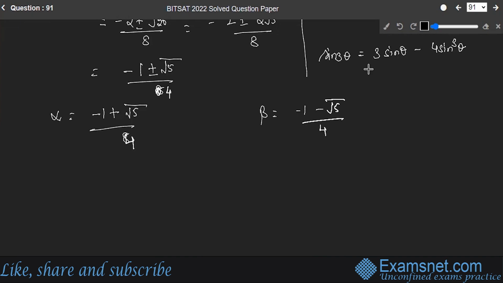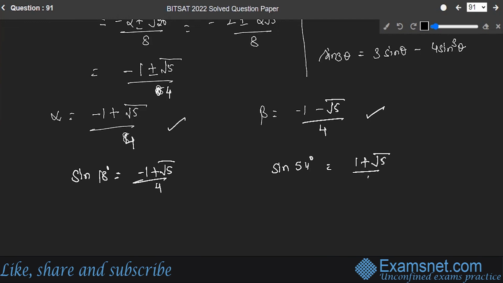These are the two roots, alpha and beta. Sine 18 degree is equal to root 5 minus 1 upon 4, and sine 54 degree is equal to 1 plus root 5 upon 4. So that means this is equal to minus beta and this is equal to alpha. Or you have alpha as sine of 18 degree and beta as sine of 54 degree.